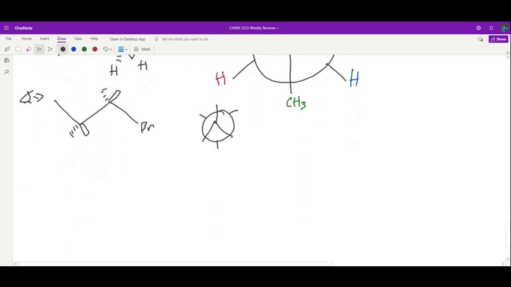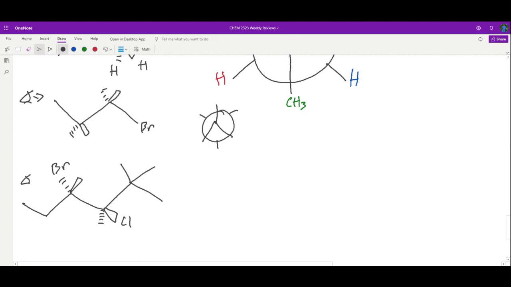And I'm going to do one where you don't have all hydrogens. Let's say you have something like this. So you have chlorine here and bromine here. Okay, so notice how bromine is on a dash and chlorine is on a wedge.